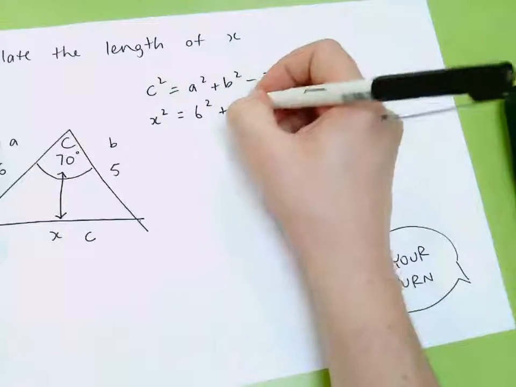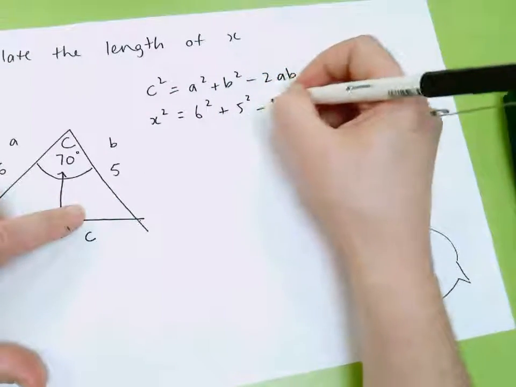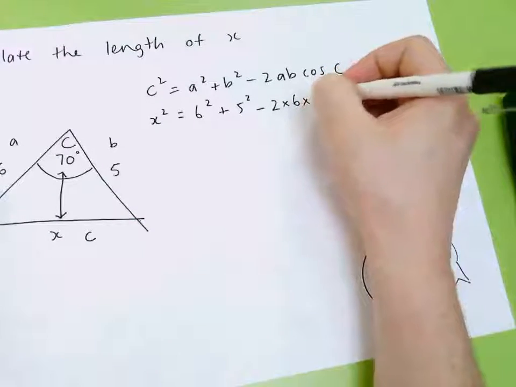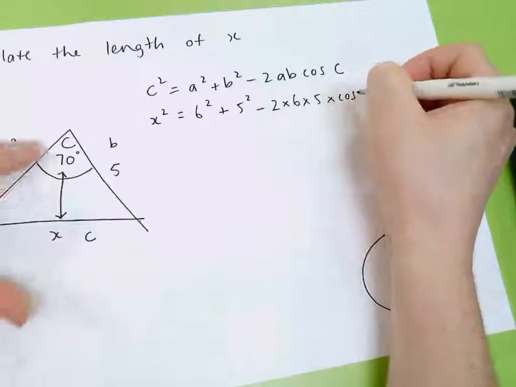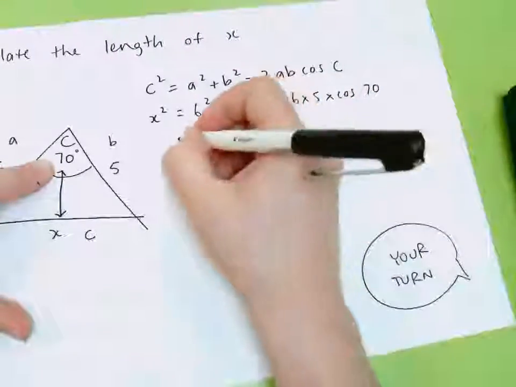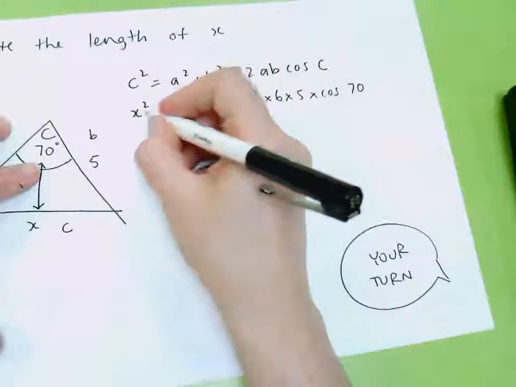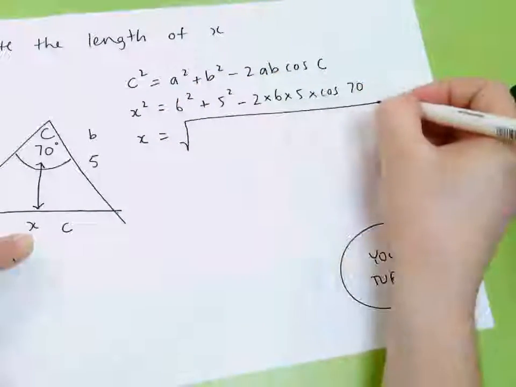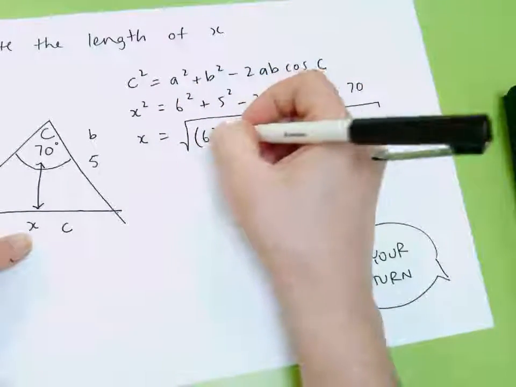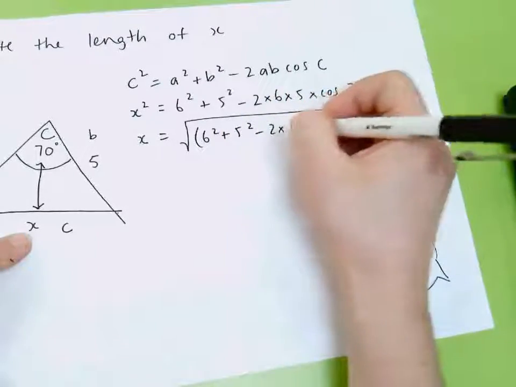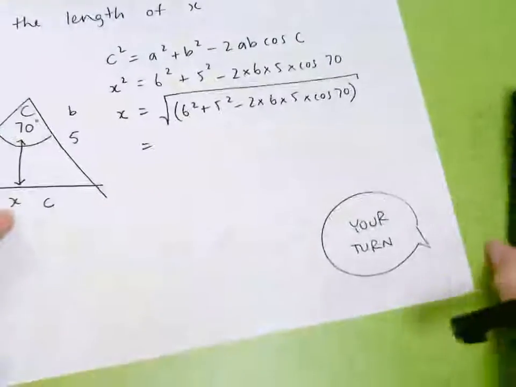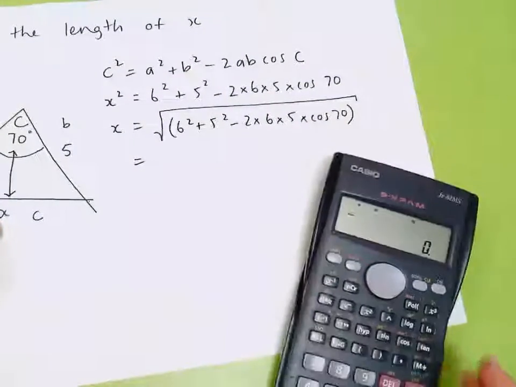I'm trying to work out my side c, so this is x squared, because my c is given by the symbol x. I'm trying to work out that unknown. 6 squared plus 5 squared, because that's my a and b, minus 2. Remember there's multiplications here, so 2 times 6 times 5 times cos of the angle, which was 70. I'm not trying to work out x squared, I'm interested in just x, so I need to do the square root of all that stuff. And then of course I just whack it into my calculator and hope that it spits out something nice.